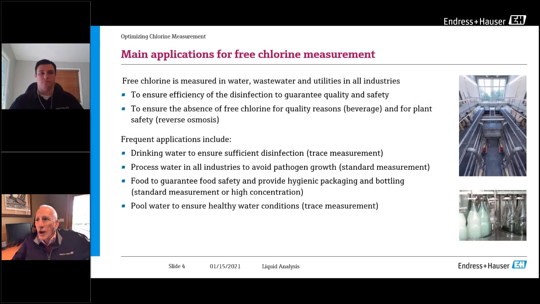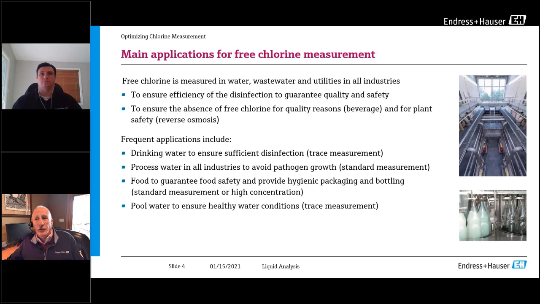So we're going to talk about free and total chlorine in this presentation. Free chlorine primarily is measured in drinking water operations, in some wastewater and utility industries. If you think about it, from what I just said before, you want to put in chlorine and ensure that you actually have a residual of free chlorine left over after you've dosed and the majority of your organisms have been destroyed.